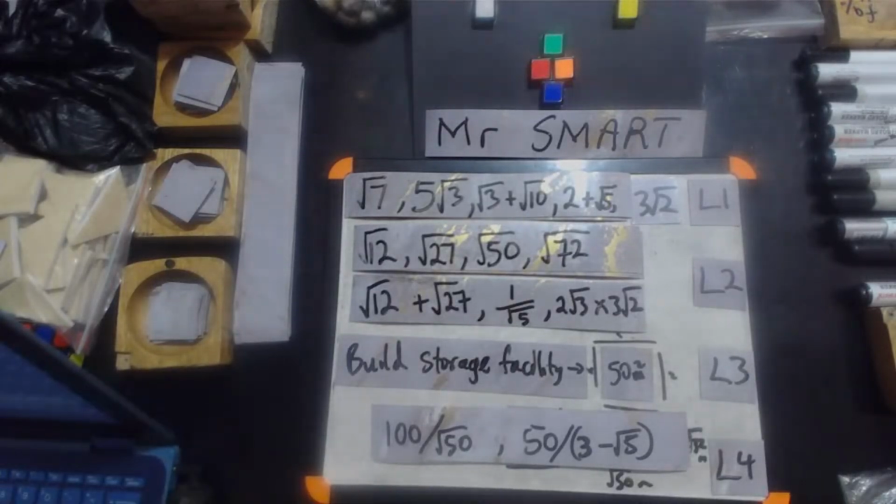So if the building materials for the hall and the storage cost 500 per meter, 500 per meter, calculate the cost of the square hall's perimeter. Yes, building material costs 500 per meter. Calculate the cost of the square hall's perimeter.